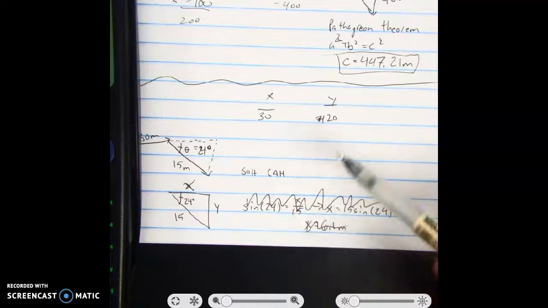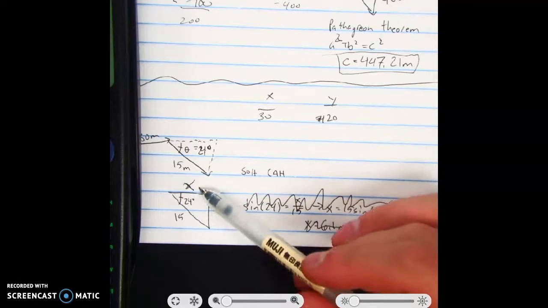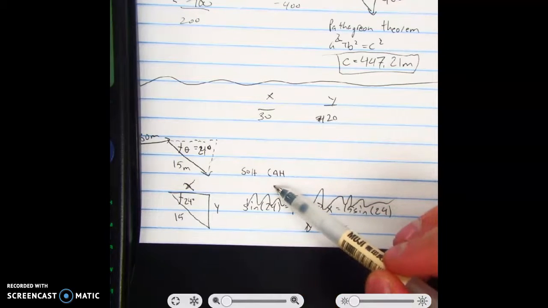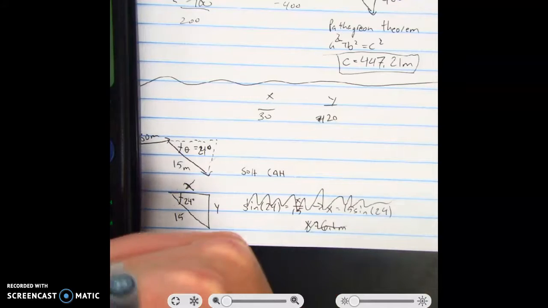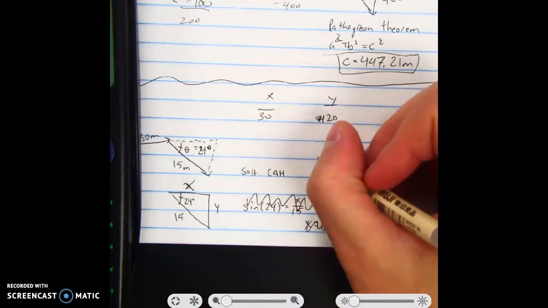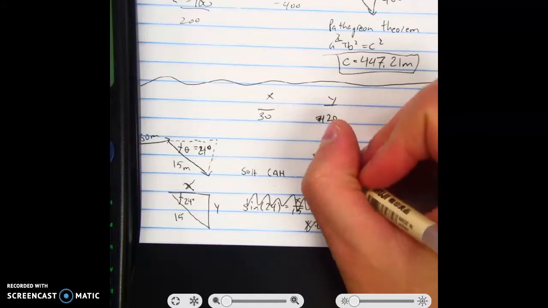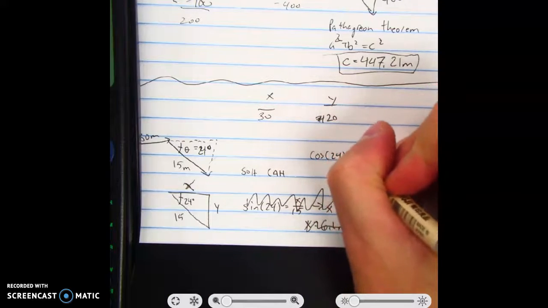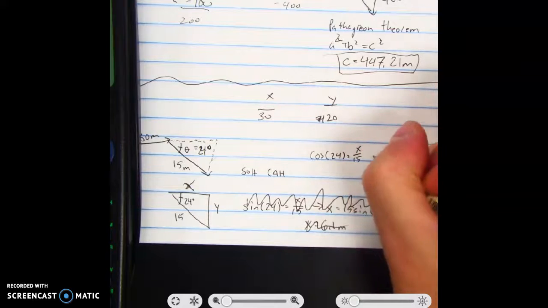Let's try this again. So, x-axis is adjacent to my known angle because I know next to it. So that means I have to use cosine. Woo! That's embarrassing. So, let's try this again. Cosine of 24 is equal to x over 15.